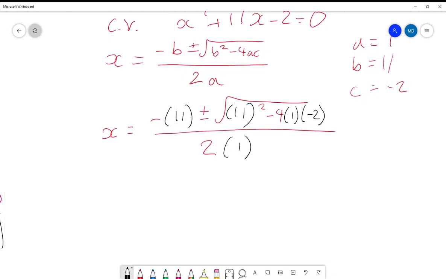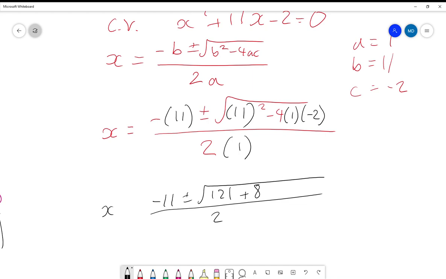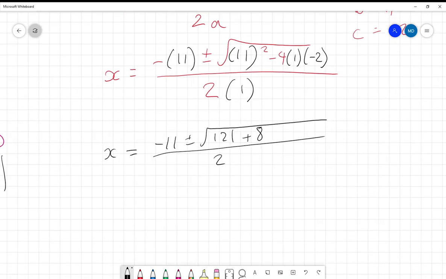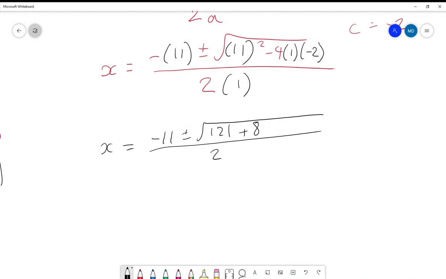And we can work that out. We get negative 11 plus or minus the square root of 121 minus minus 2 is plus 8, all over 2. So these are our critical values. At this point you can just use a calculator.